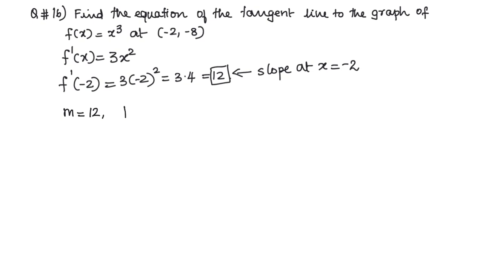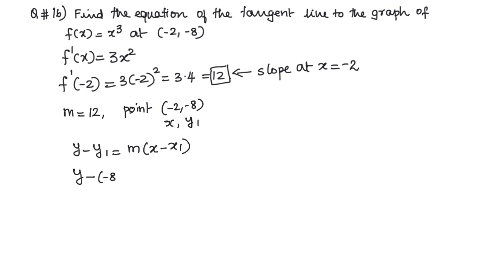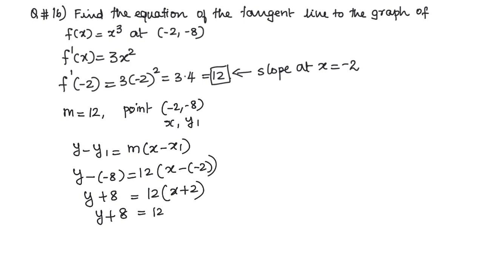The point is -2, -8. That means that is x1, y1. So we are using the point slope form. So y minus y1, y1 is -8, m is 12 times x minus -2. So y plus 8 equal 12 times x plus 2. y plus 8 equal 12x plus 24.